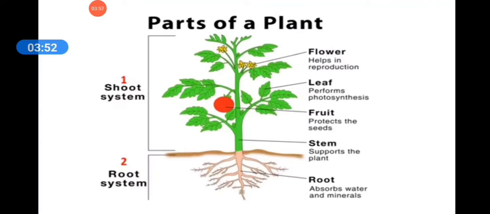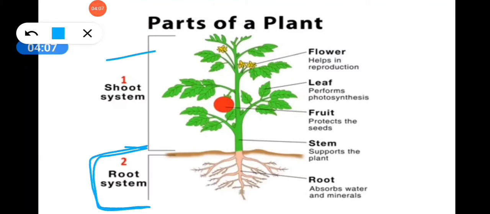Our next topic is parts of a plant. A plant can be divided into 2 parts: the root and the shoot.